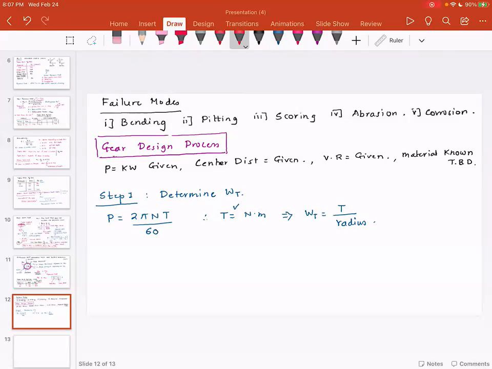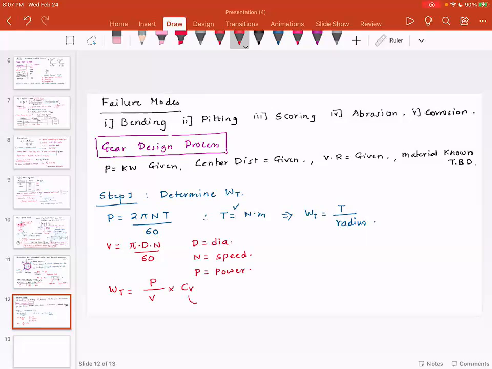Alternatively, if we know the value of the diameter, we can find out the pitch line velocity, V equals pi d N by 60, where V is the pitch line velocity, d is the diameter, N is the speed, and P is the power. And I can find out Wt is equal to power divided by V, multiplied by Cs.